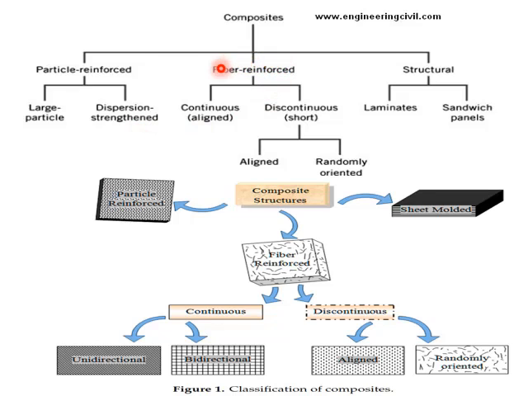Next category we have is fiber reinforced. In the fiber reinforced, we are going to have continuous or discontinuous. When we say a continuous composite material, the continuous fibers may be unidirectional or may be bidirectional as a mat. We can clearly observe those things in the picture.